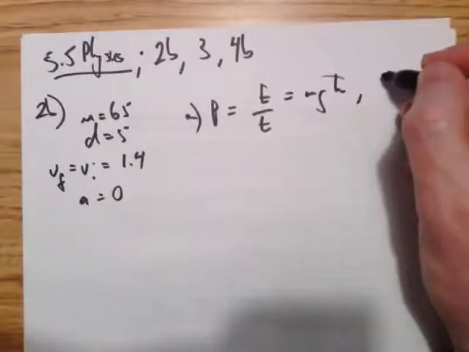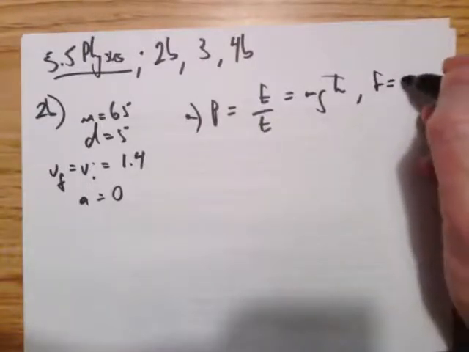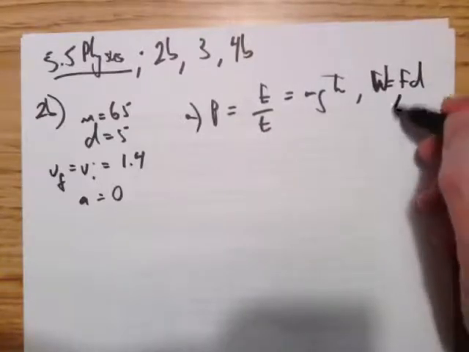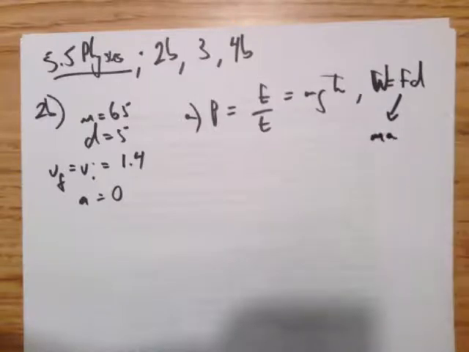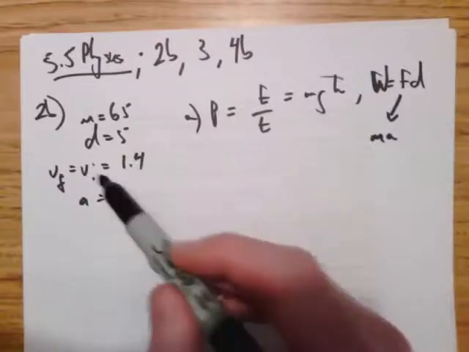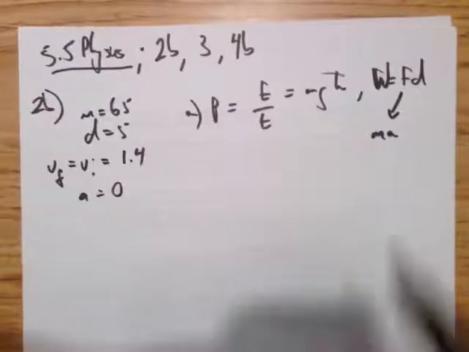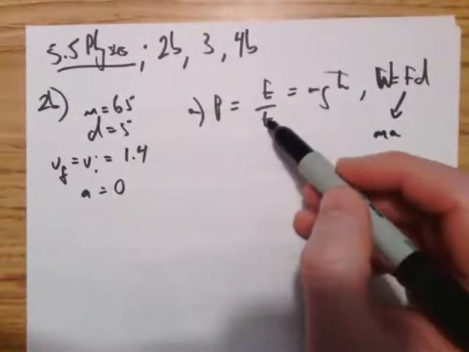It also equals work, which equals force times distance. Force is mass times acceleration. Acceleration is 0. Oh, constant speed. Okay, so if it's a constant speed, then you can figure it out for 1 second.